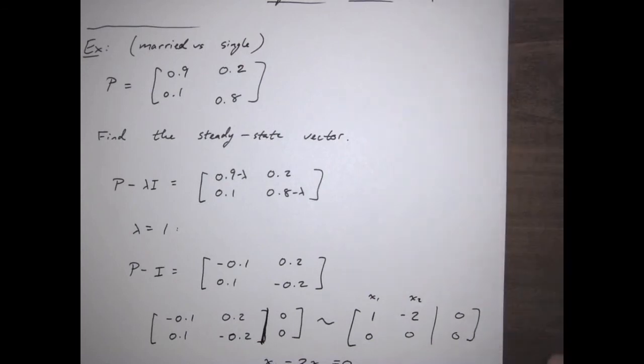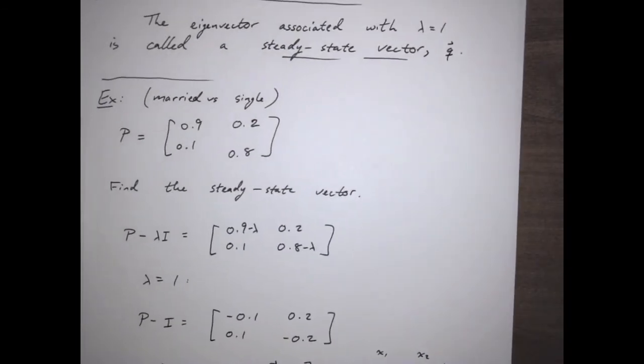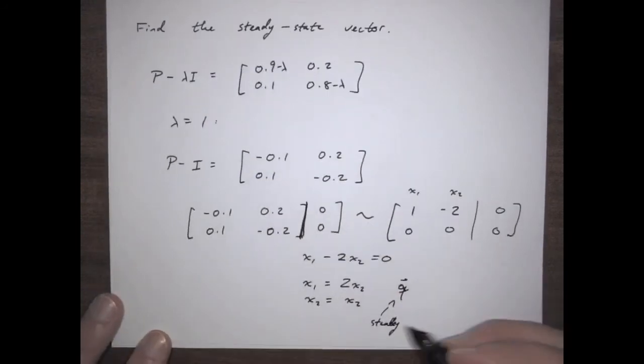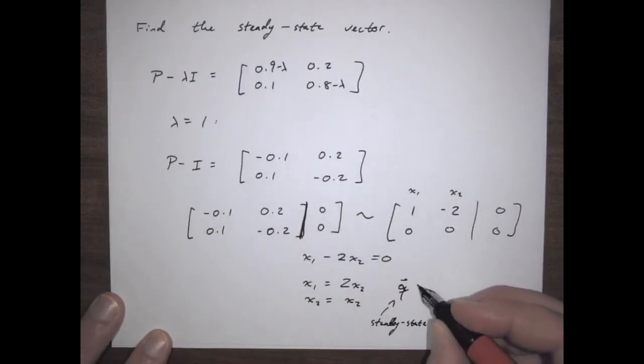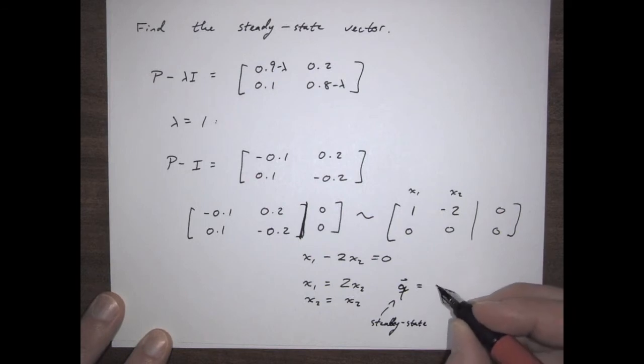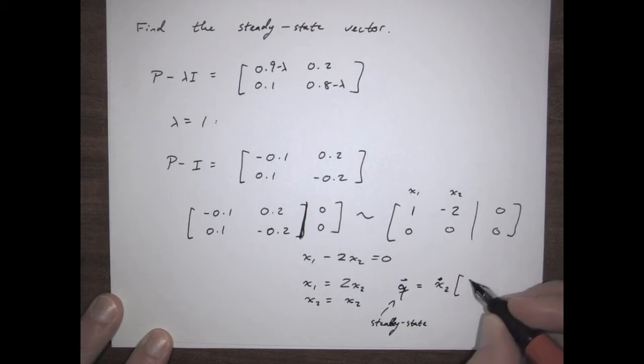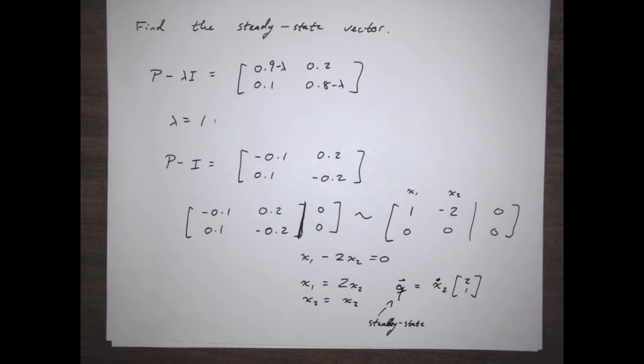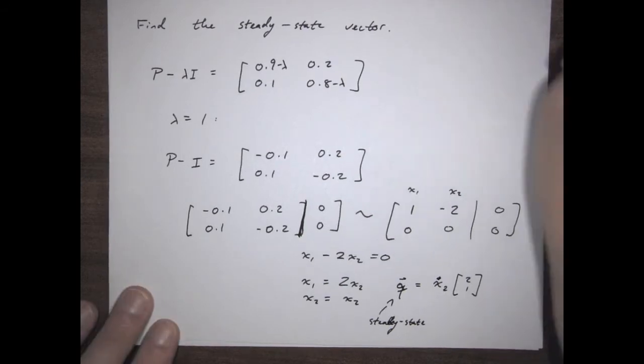Q is going to be our customary name for a steady state vector. Oops, x2 times 2, 1.